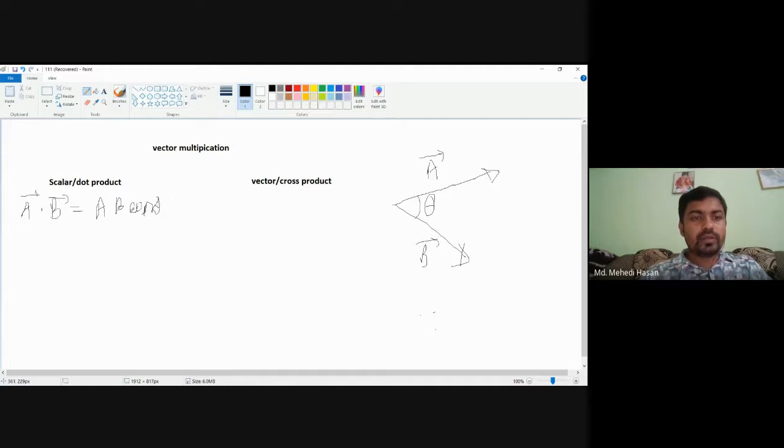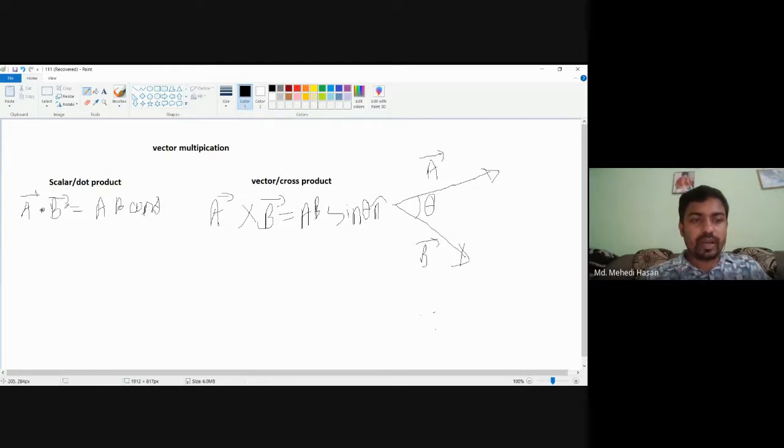So this is the formula to find out the dot product between vector a and b. And in case of cross product, it's basically a cross b is equal to magnitude of vector a, magnitude of vector b, sine theta.